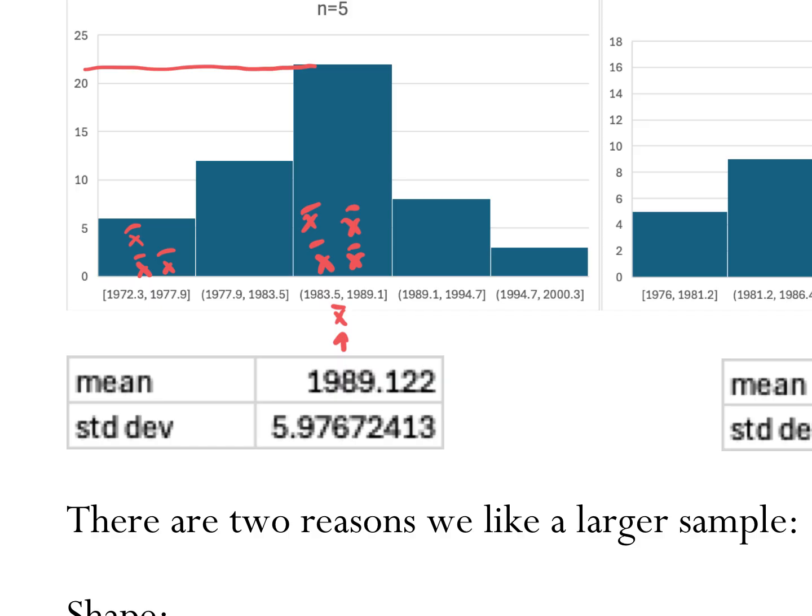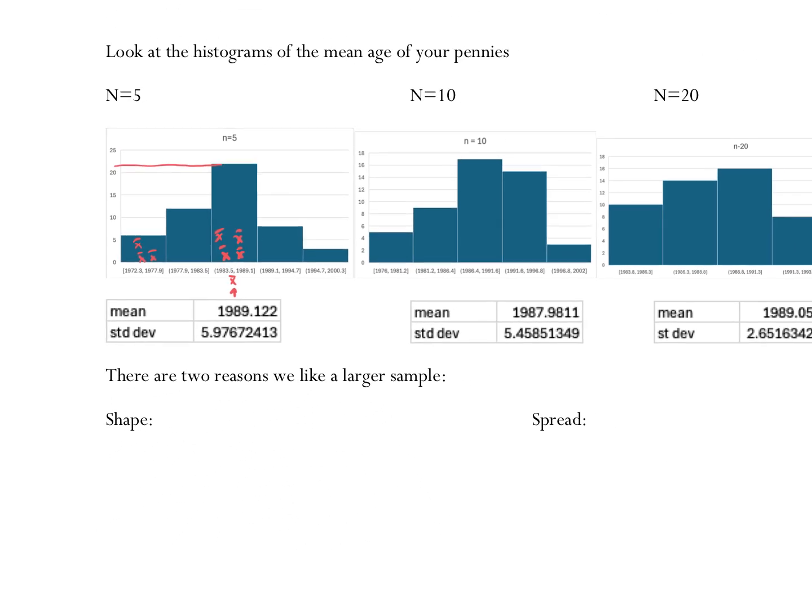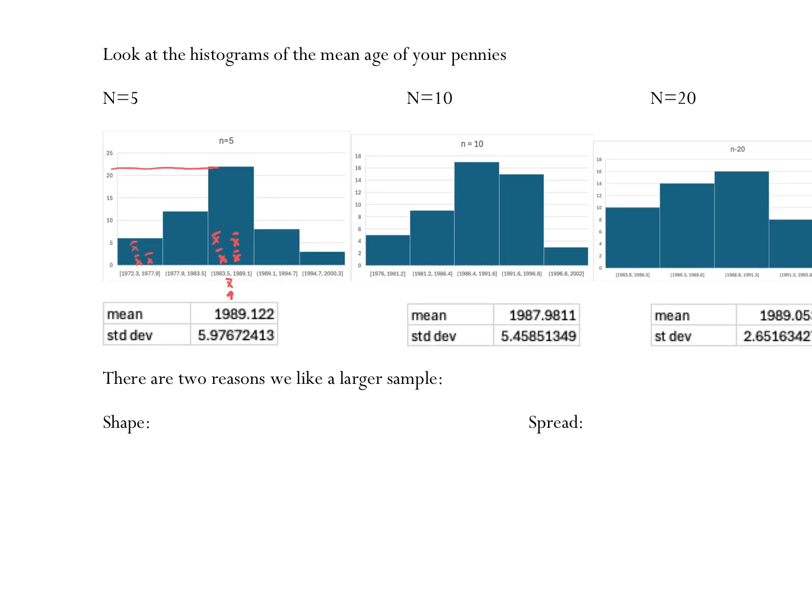We each got a different sample, okay? What do you notice about the means of each of these? They're pretty close, yeah? And we could use those to guess that the mean year of the entire box was probably somewhere around 1988, 1989, okay? Based off of these different groups.